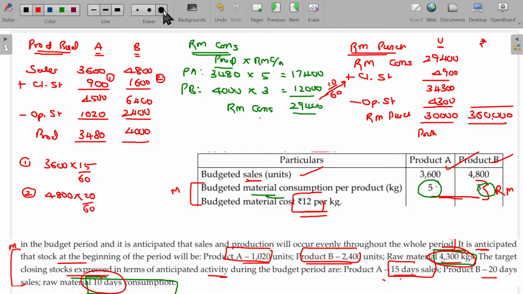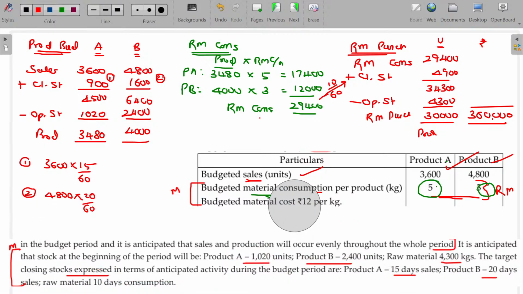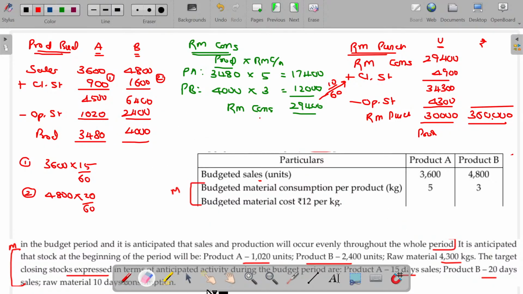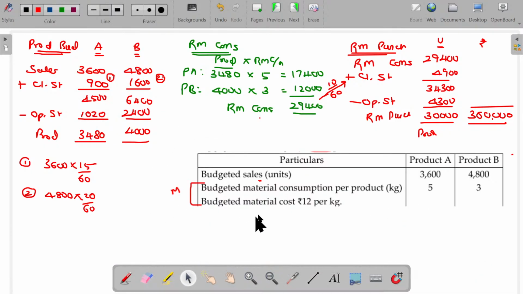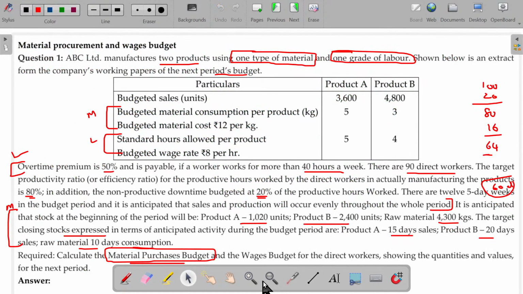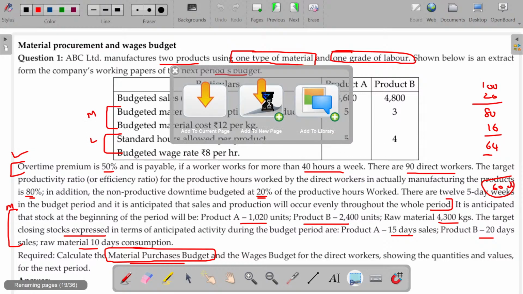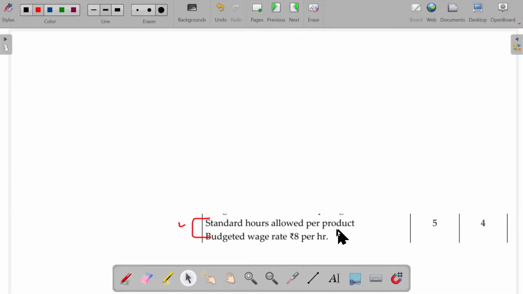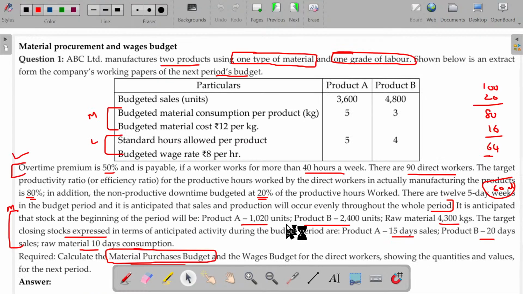Now, we'll move on to the next one. What's that? Labor. I'll start with this one. Standard labor hour per product requirement, and also this particular line.